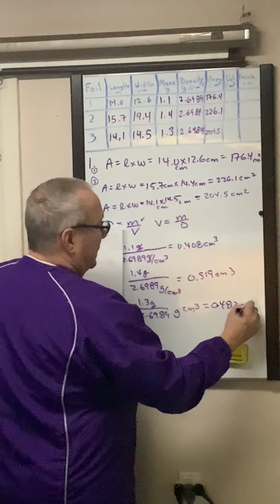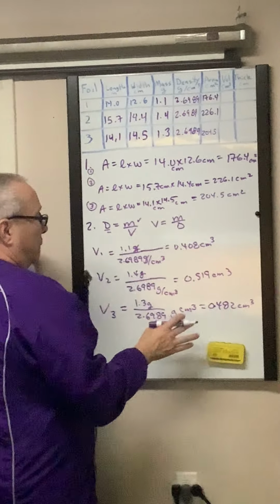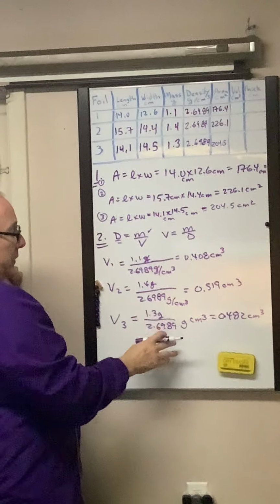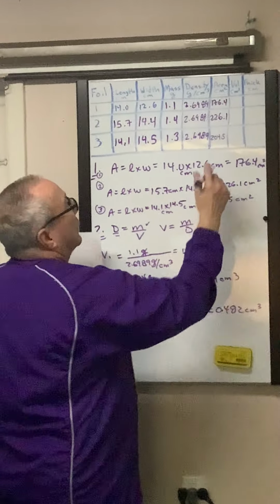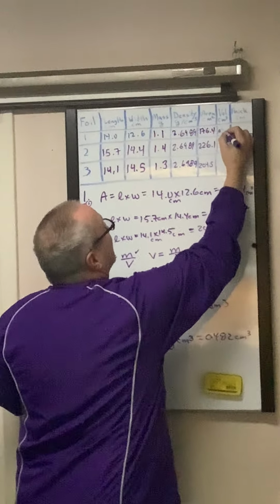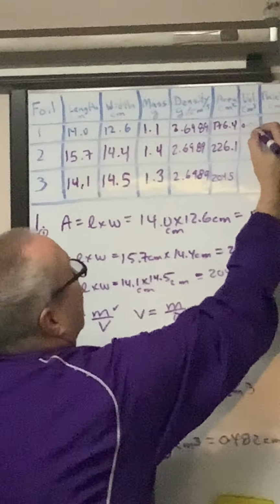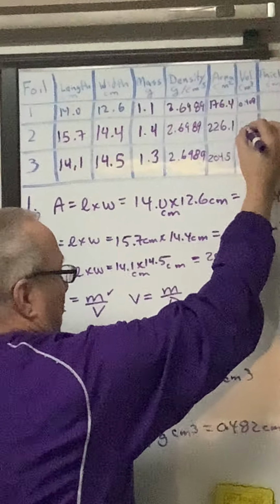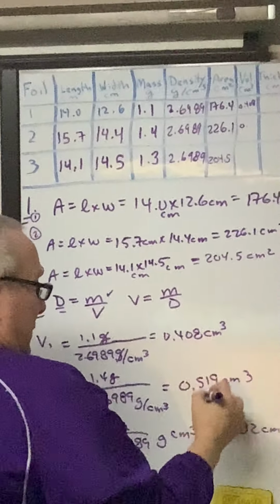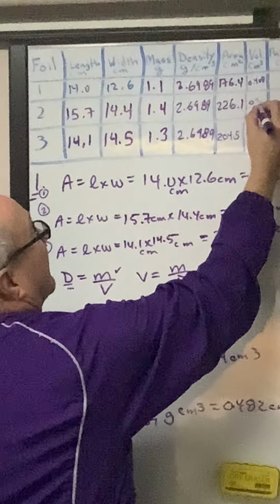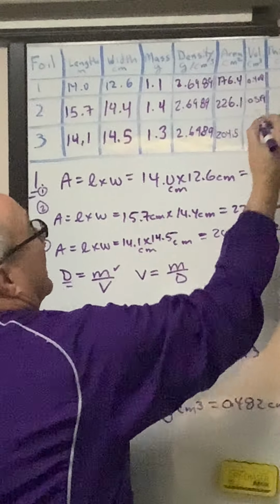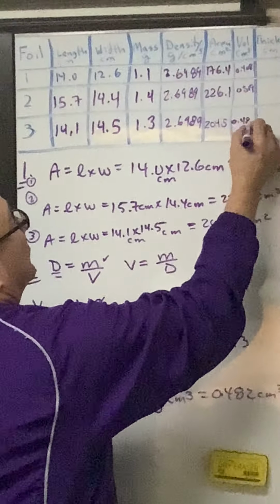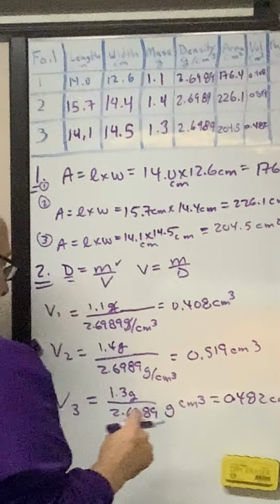0.482 cubic centimeters. Again, you need to show your work in question 2 of your report, but these values are going to go up here: 0.408, 0.519, and 0.482 cubic centimeters.